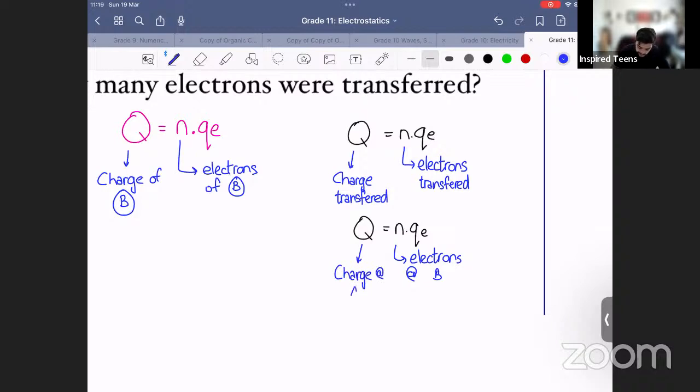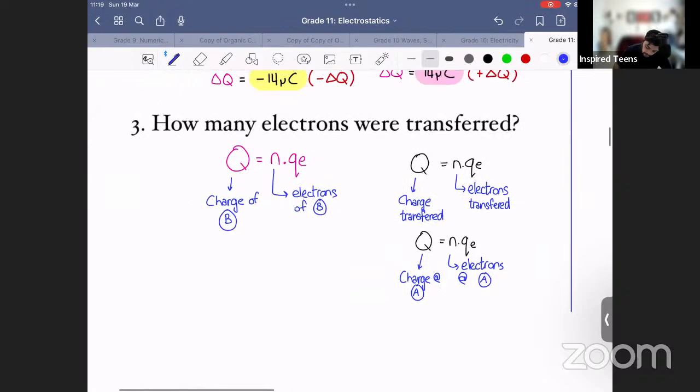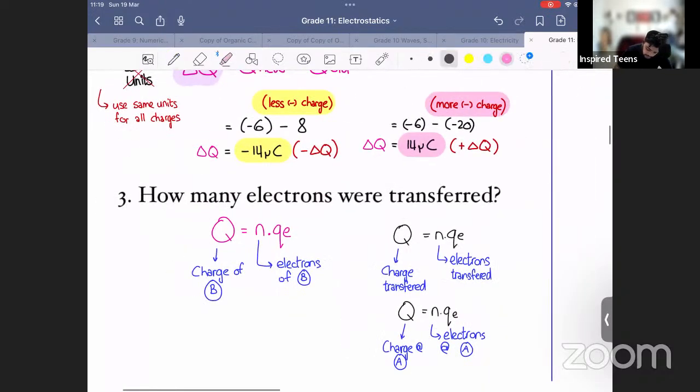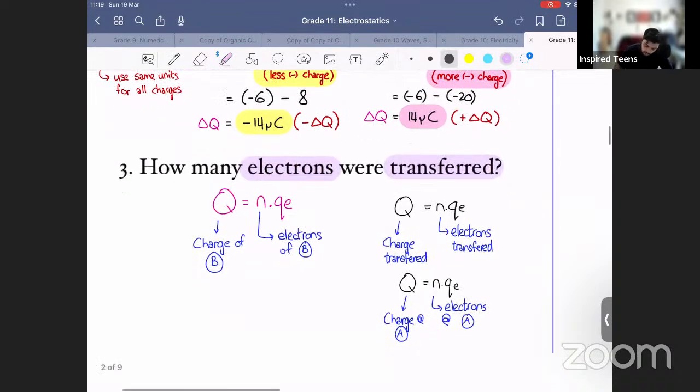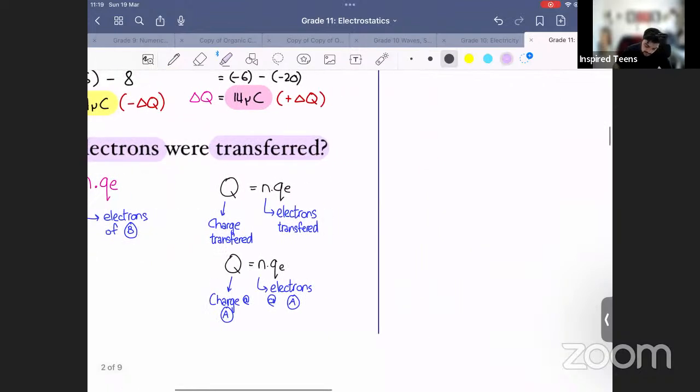I hope that makes sense. Okay. So, yes, keep that in mind. So here, what do we want? We want the electrons transferred.